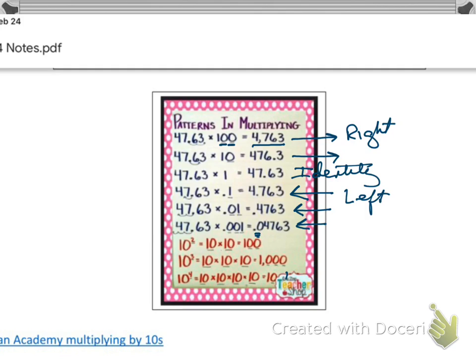So this should be 10,000. Okay, notice the number of zeros match the power. If you have power 2, you have 2 zeros. Power 3, you have 3 zeros. Power 4, I have 4 zeros. Okay, all these patterns are important for your students and you to recognize because it makes math much more understandable.